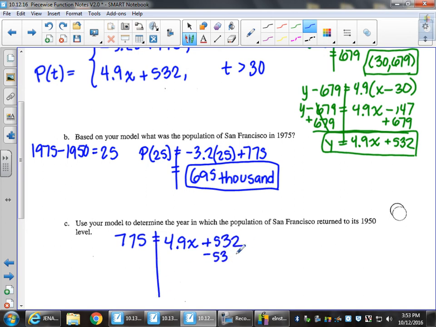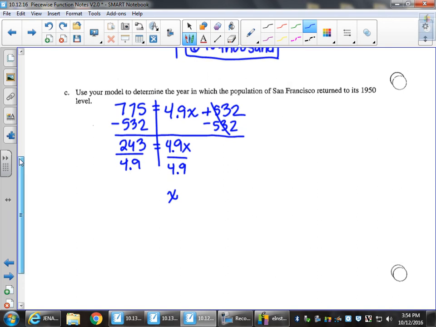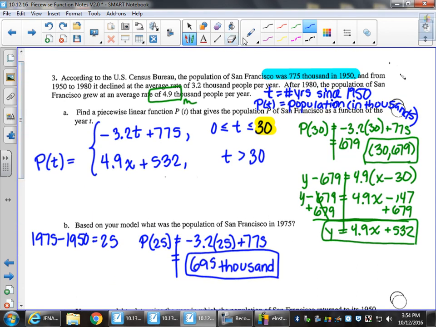We'll subtract 532 from both sides. So 775 minus 532, I get 243 equals 4.9x. We'll divide both sides by 4.9. I get x, all of these x's, I just realized this should not be x.